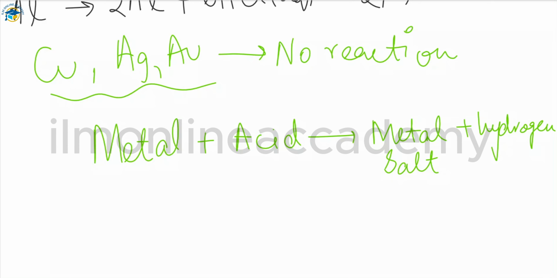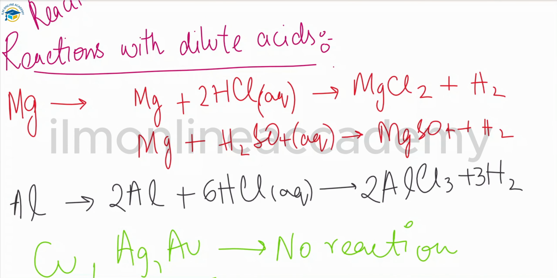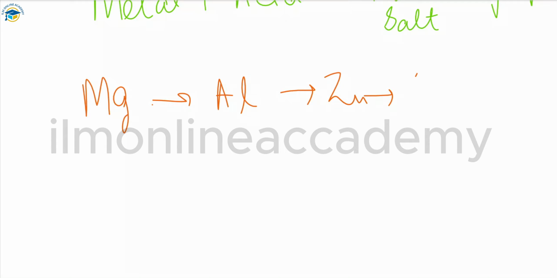We have done the experiments with magnesium, aluminum, copper, silver, and gold. So based upon these reactions, you can have the reactivity series: magnesium, highly reactive, and then, before zinc, we have to add aluminum. So we have aluminum, zinc, then copper, silver, and then gold.